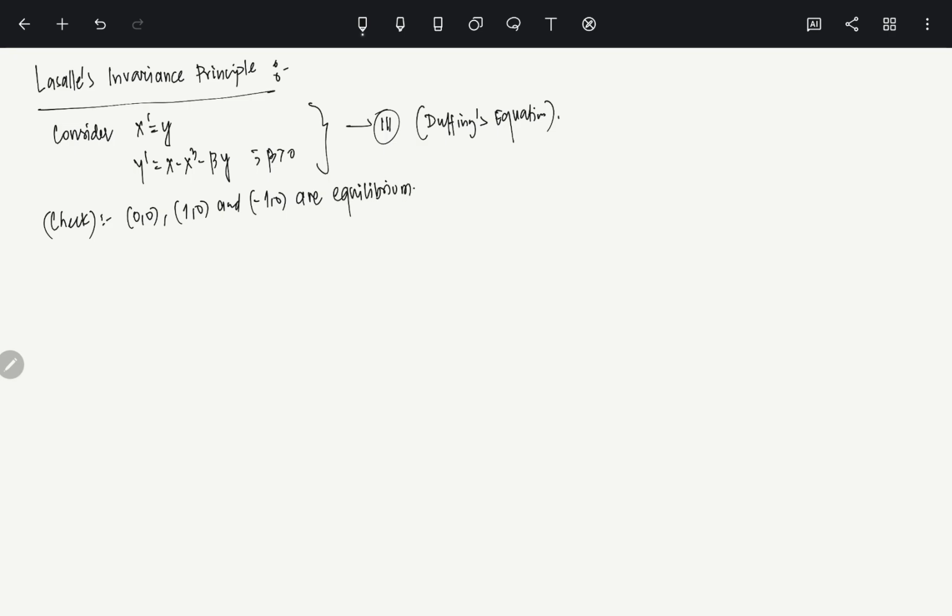It is possible for you to show that plus minus 1 are asymptotically stable.